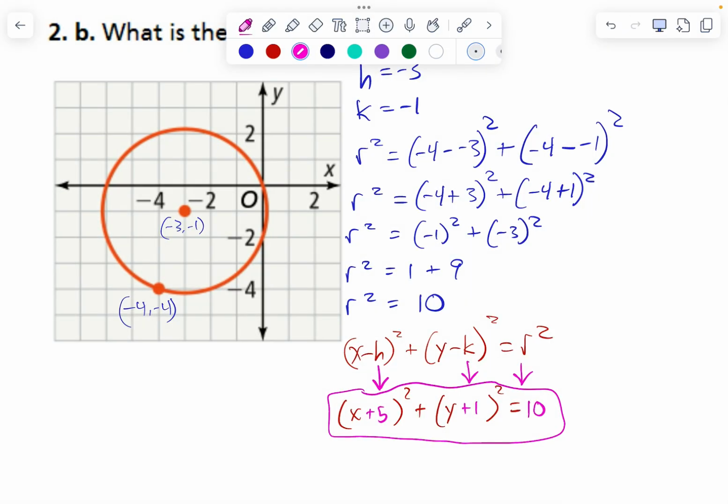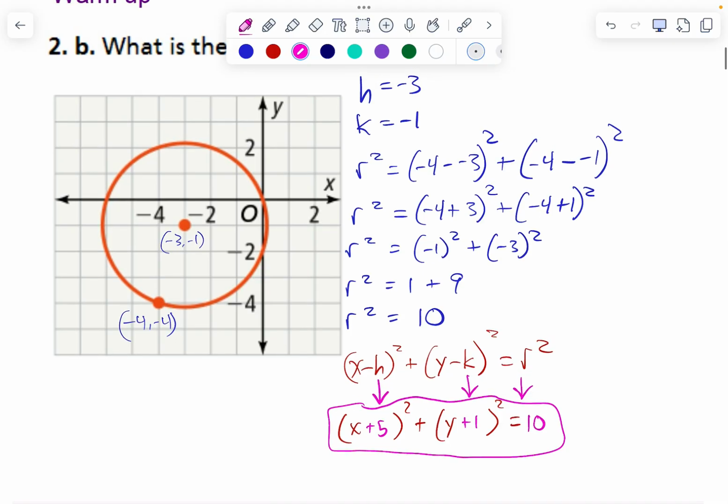All right, go ahead and check your work. So we had to find coordinates of the points first just by looking at the graph. H and K were -3, -1, and then X, Y for that point on the edge was -4, -4.